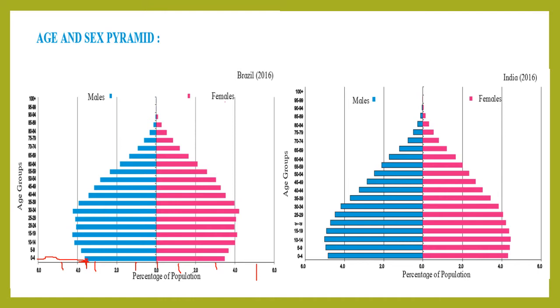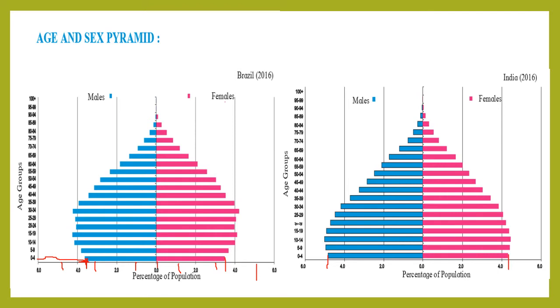So what is the percentage here? It is about 3.5 to 3.6. In the same way, the female population is also around 3.6, whereas in India we have a higher percentage, more than 4 percent. The female population is also more than 4 percent.